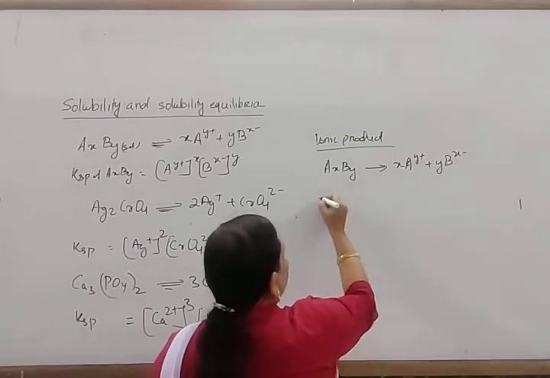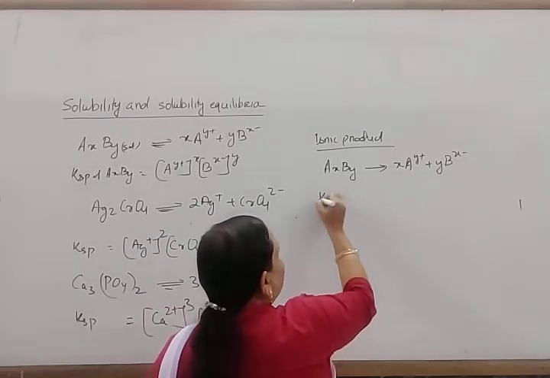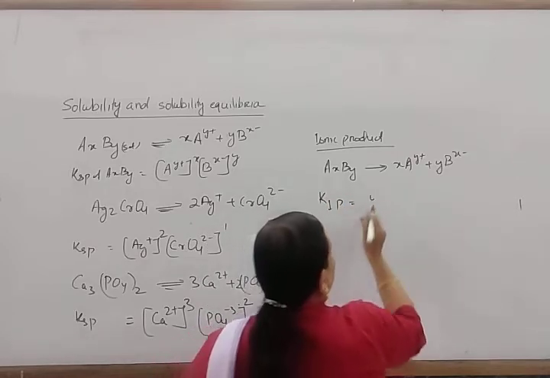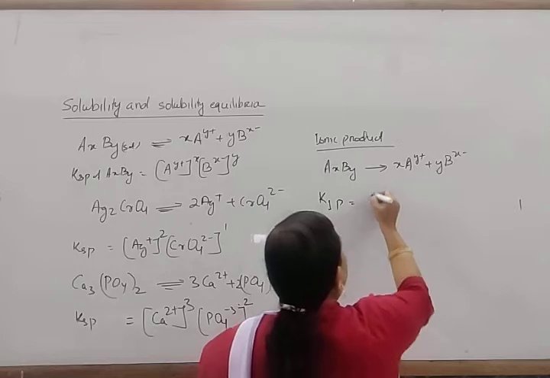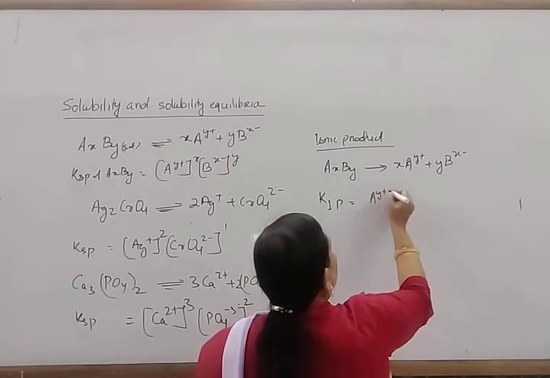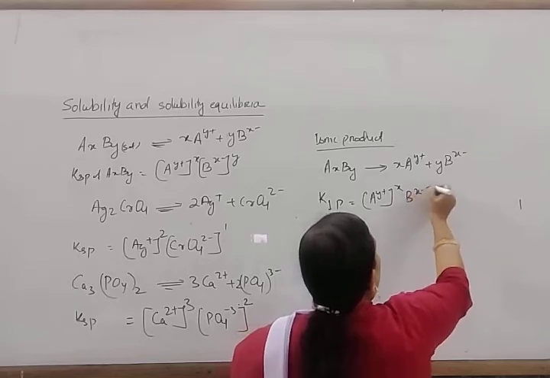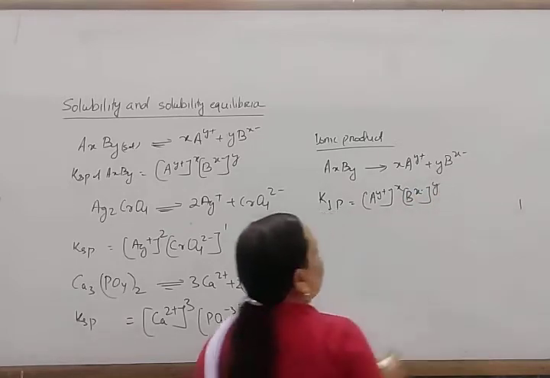The ionic product KIP is represented as A y plus to the power x into B x minus to the power y.